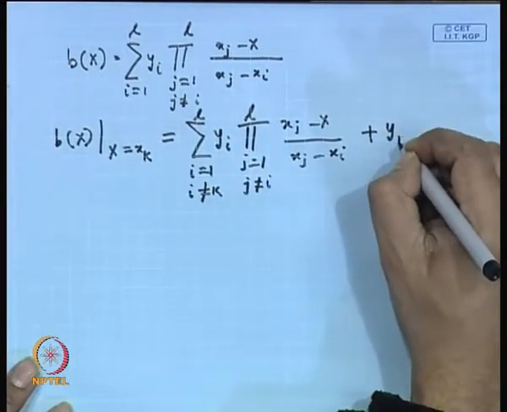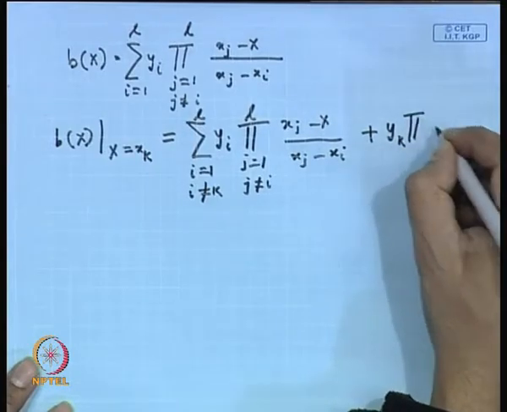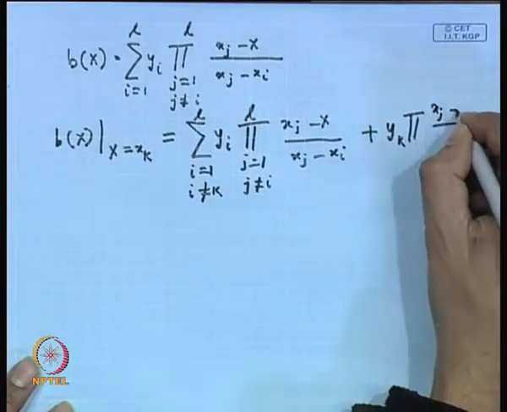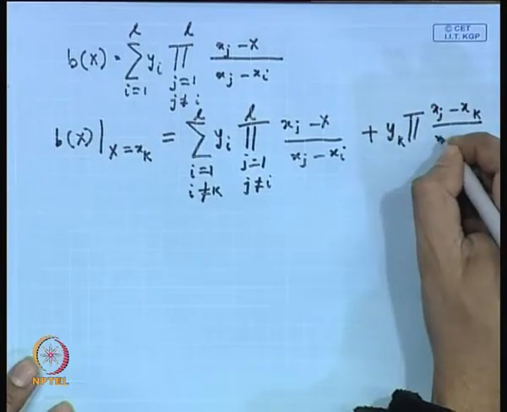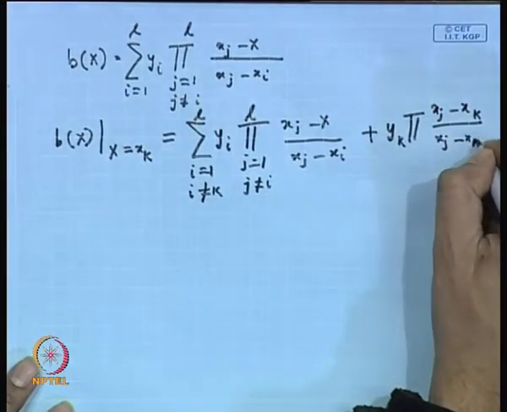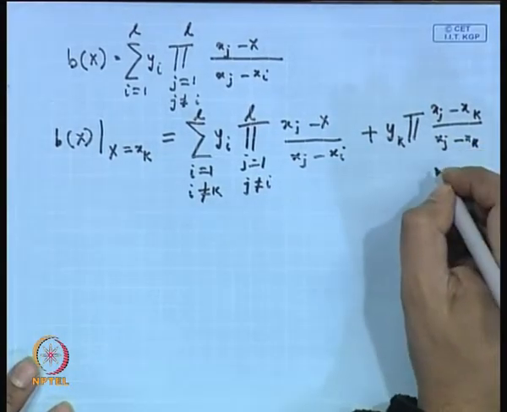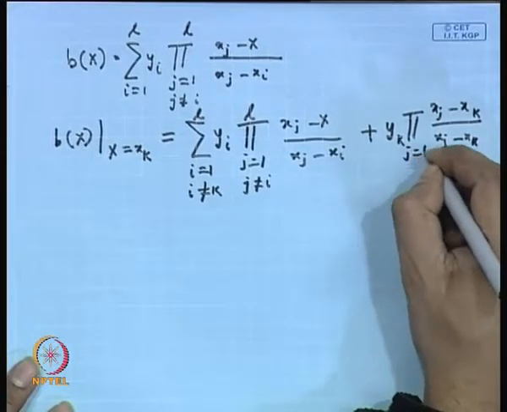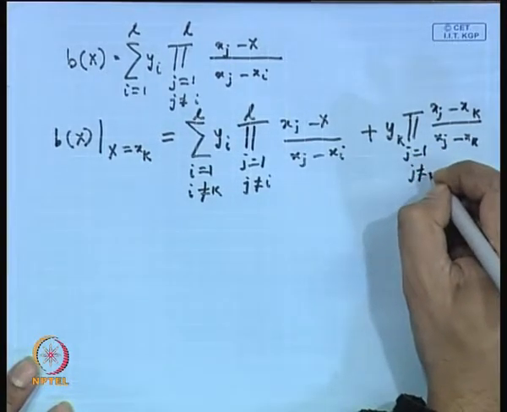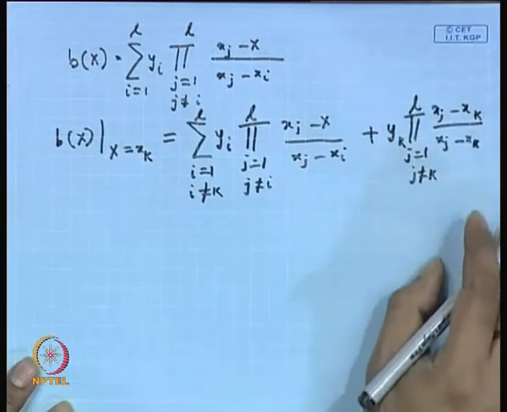That is y_k, and the product term has (x_j minus x_k) divided by (x_j minus x_k) for all the terms, with j equal to 1, j not equal to k, running till L.